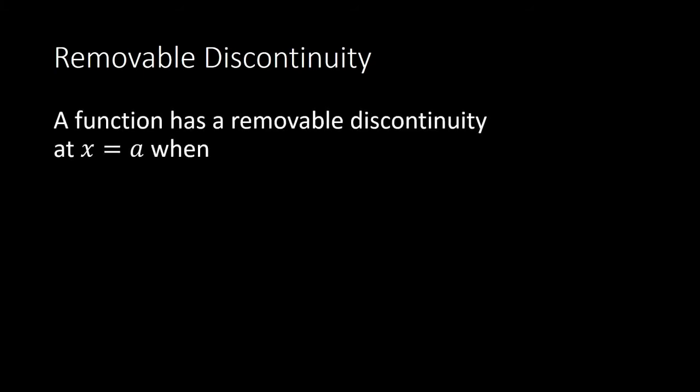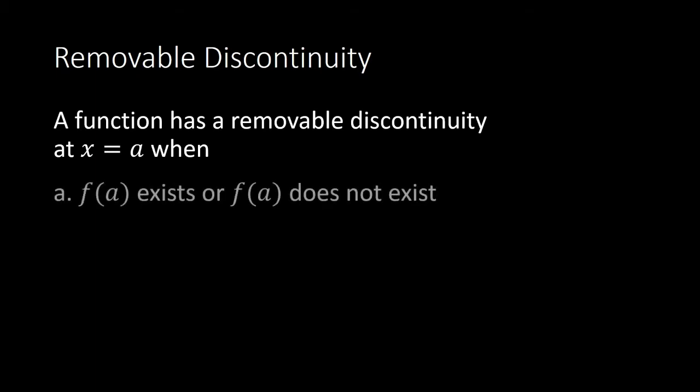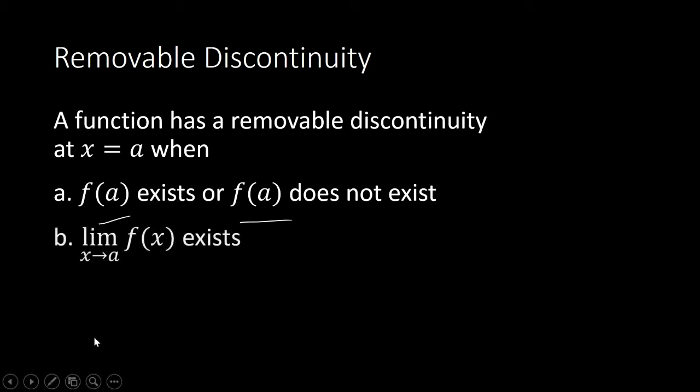A function has a removable discontinuity at x when the following conditions exist. The function might be defined when x is equal to a, or maybe f of a does not exist. So it doesn't matter whether the function exists at a or not. But this is what's important to make the discontinuity removable.